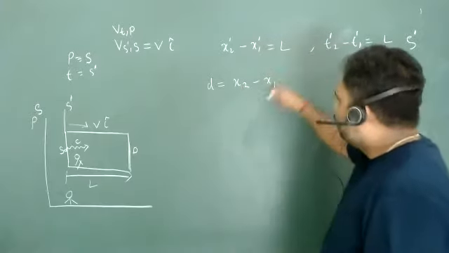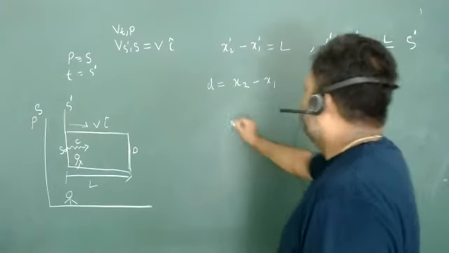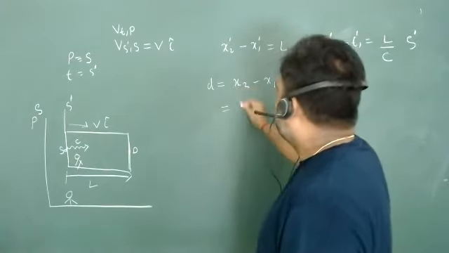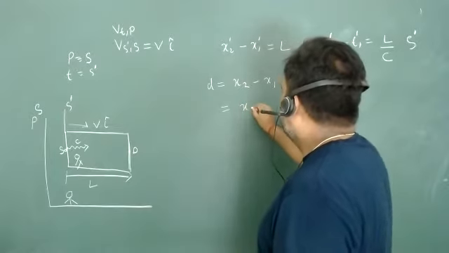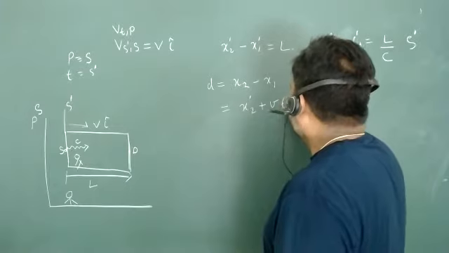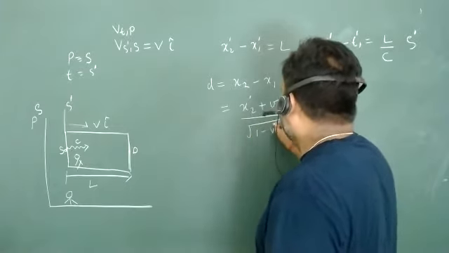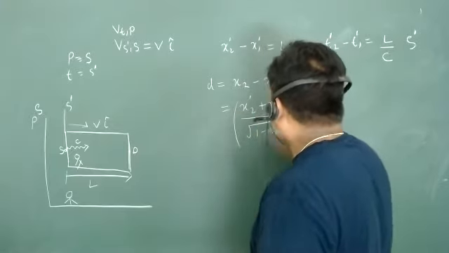So I can write this using the inverse Lorentz transformation. What will this value be? x2 can be written as x2 dash plus v t2 dash, over root under 1 minus v square upon c square.